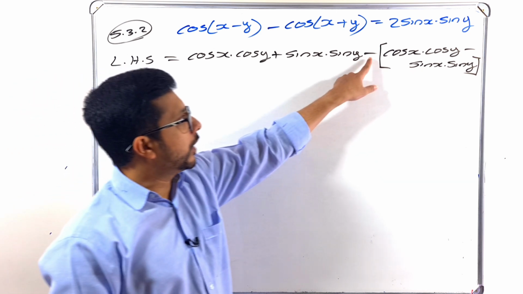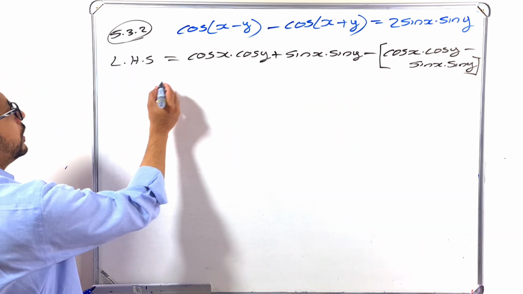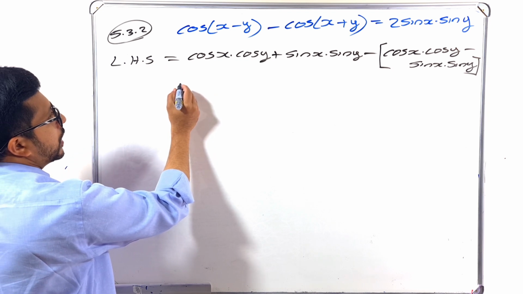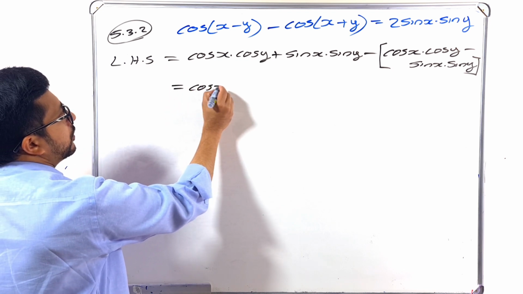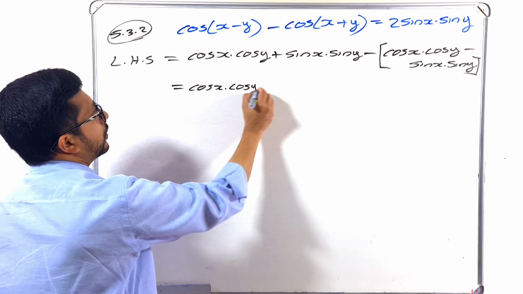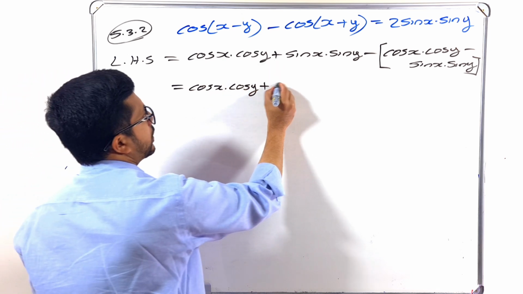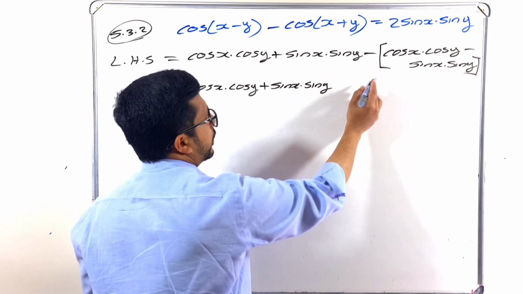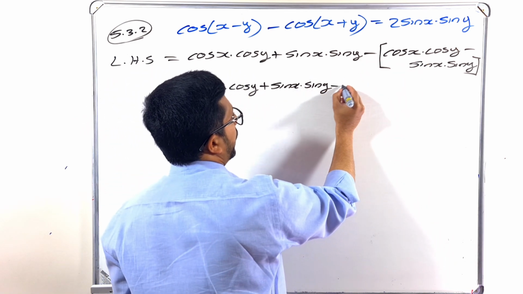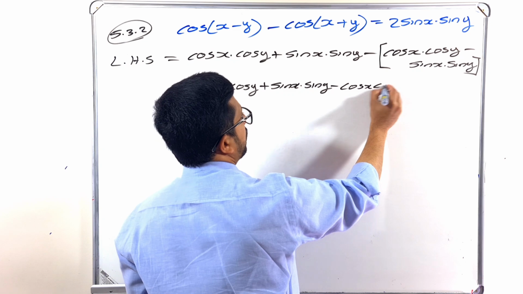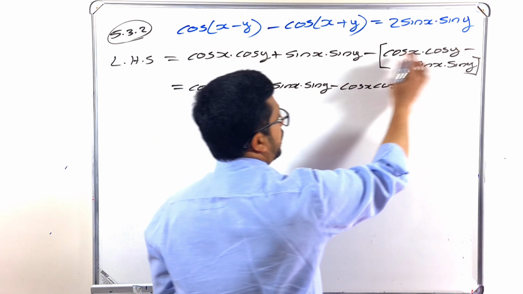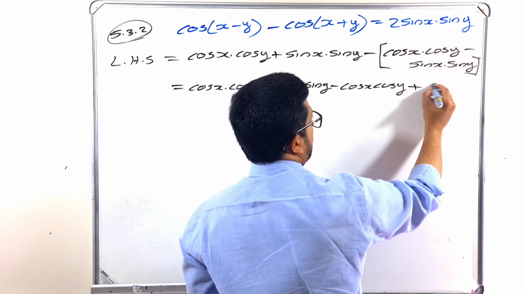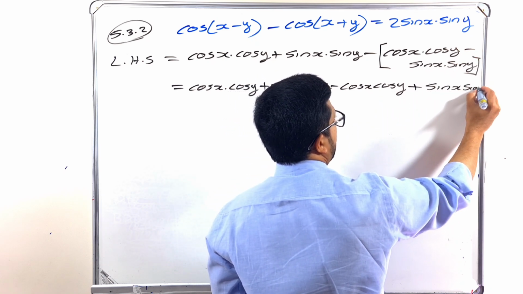Now we have to expand this bracket. Let's write this one: cos x cos y plus sin x sin y, expand this bracket, minus into cos x cos y, so minus cos x cos y, minus into minus, so minus times minus is plus sin x sin y.